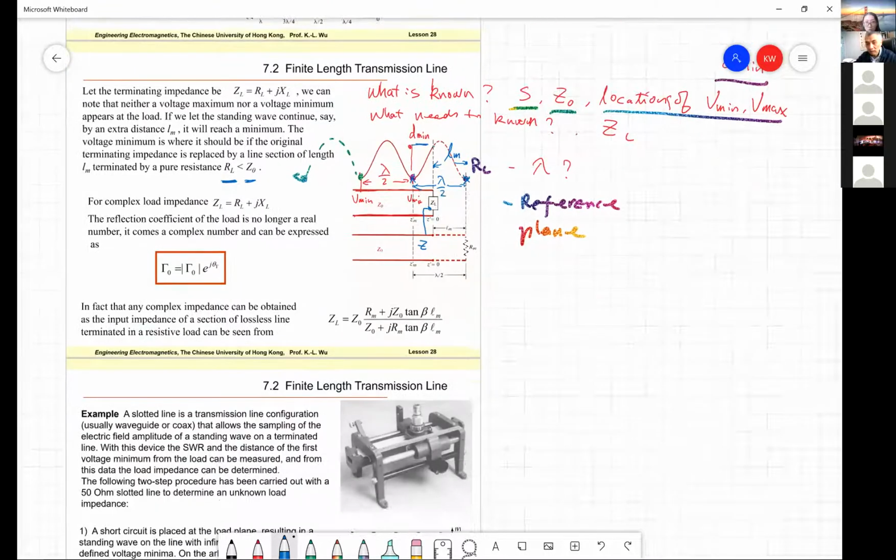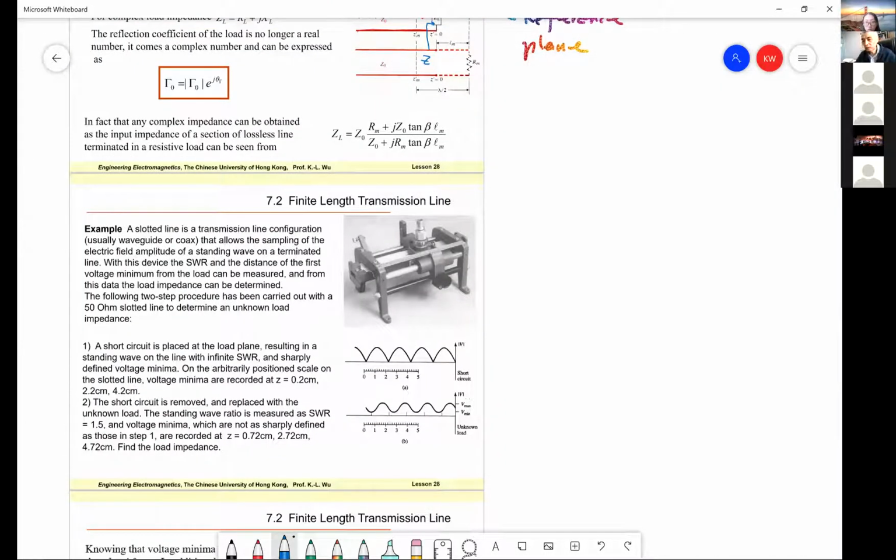Right? Now let's look at one particular example. Say this is a device. We measure the standing wave ratio and also the location of the voltage minimum. Because this is a waveguide, we are going to discuss tomorrow how to describe a waveguide using EM theory.